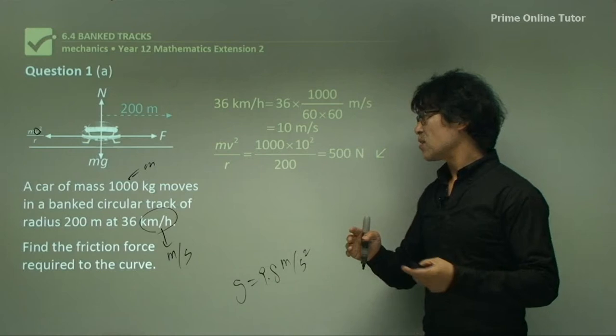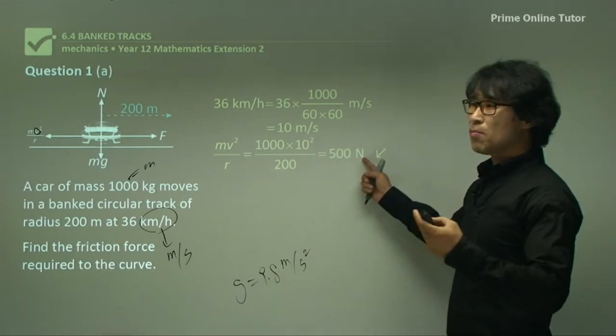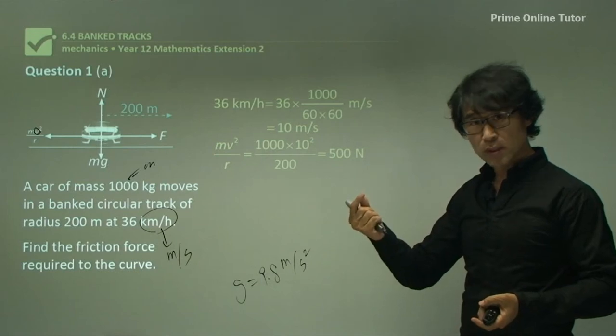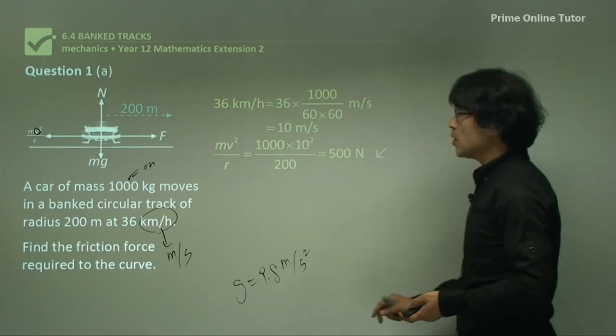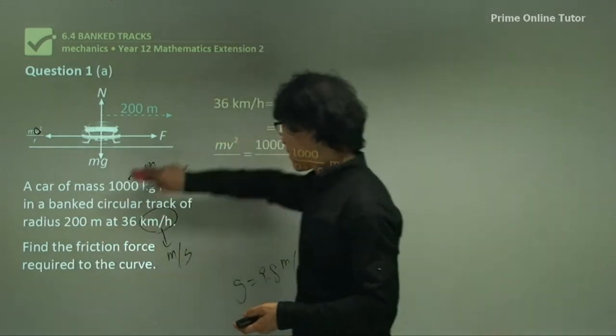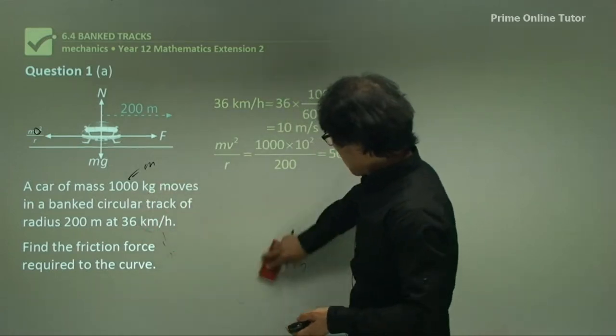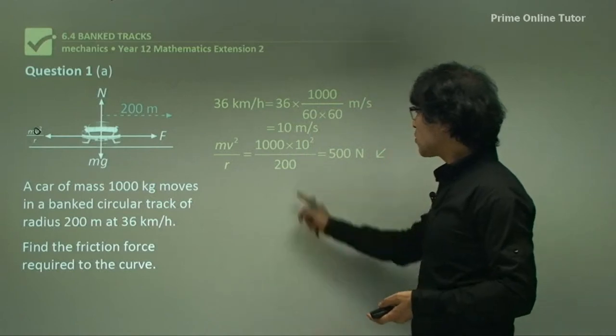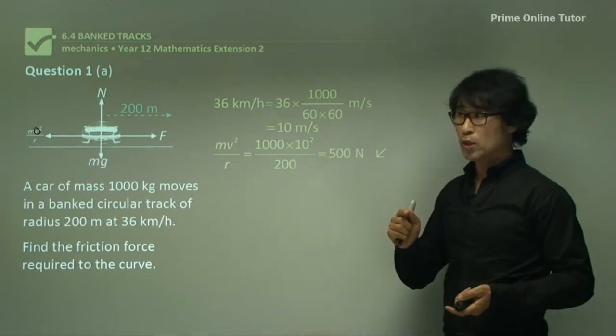Not meters or kilograms, but newton is the unit of the force. You understand that? So that's question 1A. The speed was 10 and the friction force was 500 newtons.